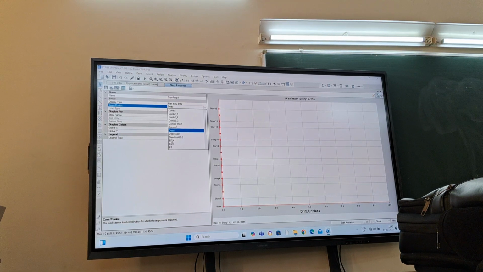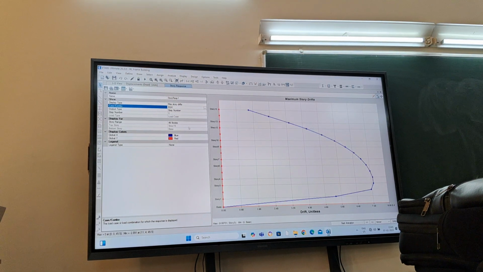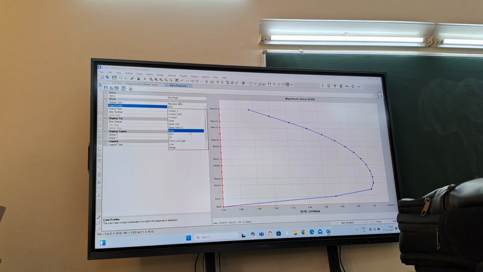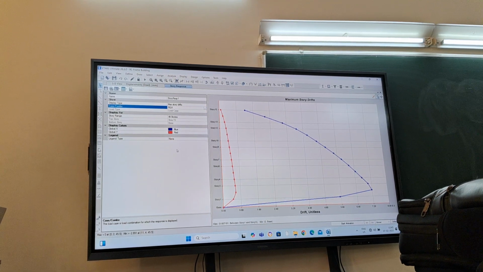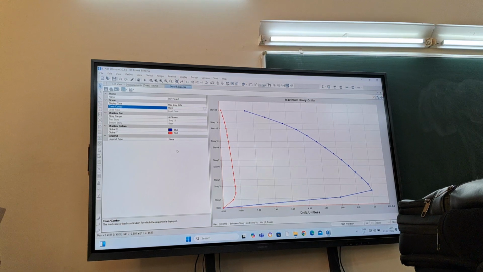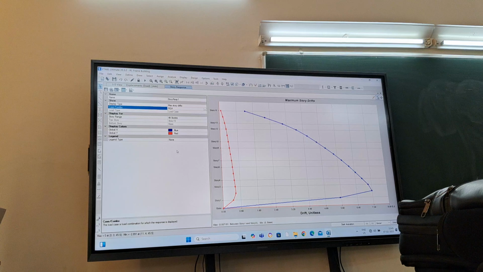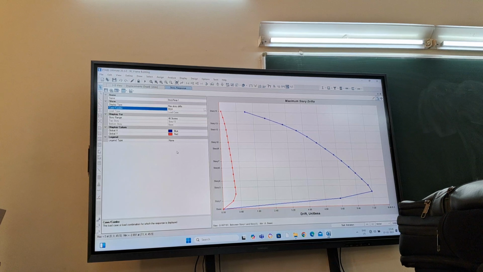Now that is the response spectrum load case. I think this was discussed in class. When you are calculating the force, it will be governed by the equivalent static load case.